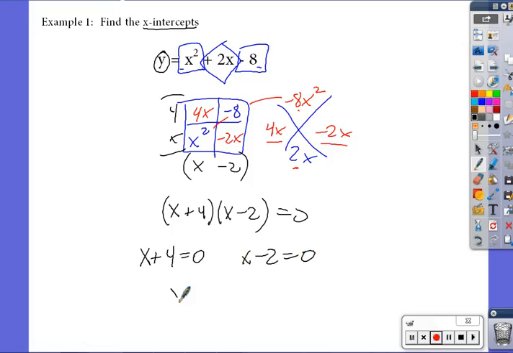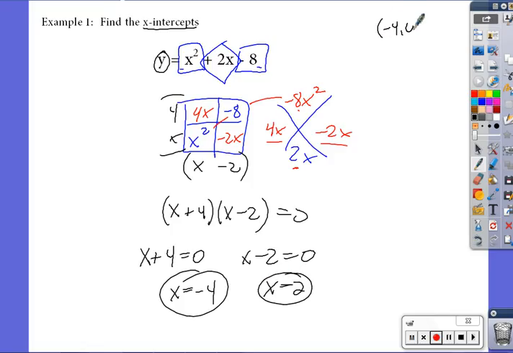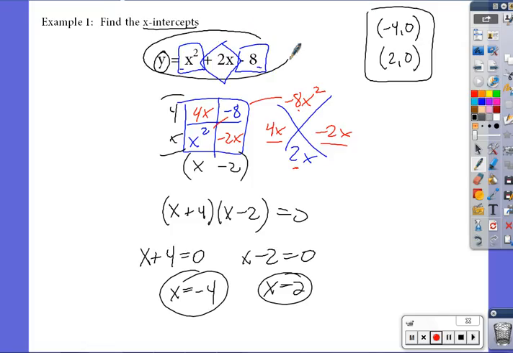So I solve this, x equals negative 4. Solve this, x equals 2. And I write my answers as x-intercepts: negative 4, comma 0, and 2, comma 0. Those would be the places on the graph where this parabola touches the x-axis.